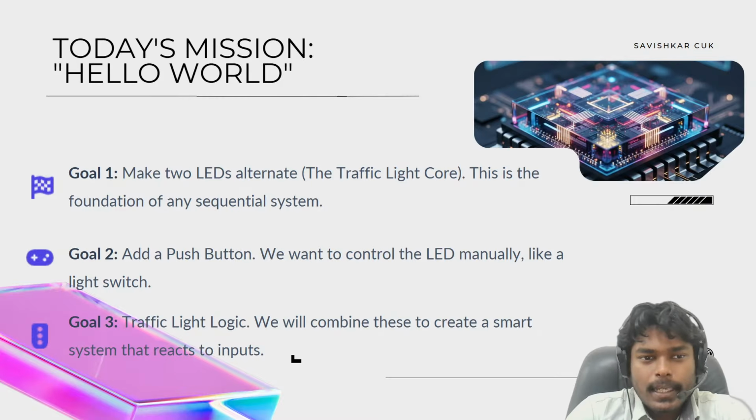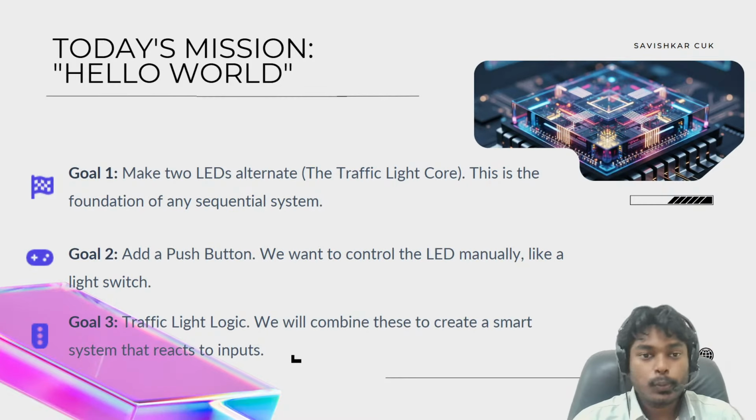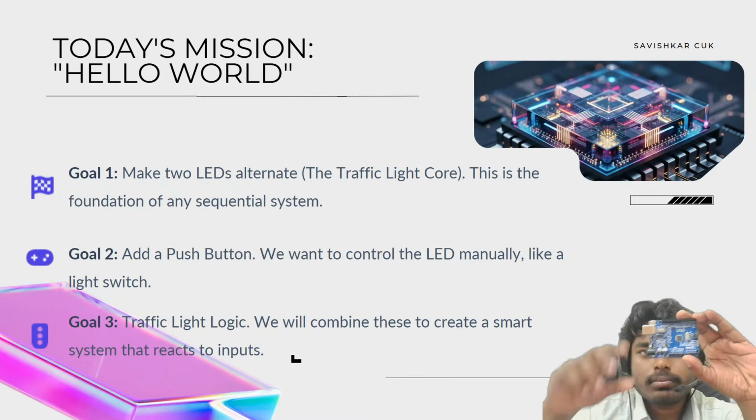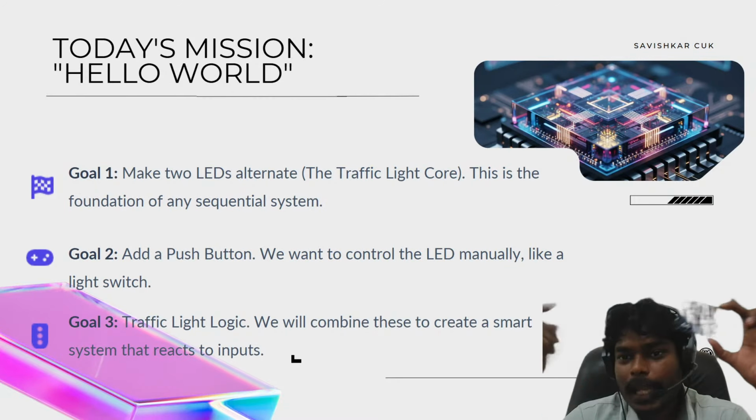That's amazing, guys. Today we will be talking about how to interface two LEDs with a real Arduino. We will see how to turn on two LEDs alternately, just like a traffic signal.